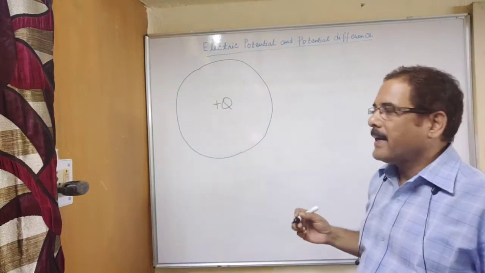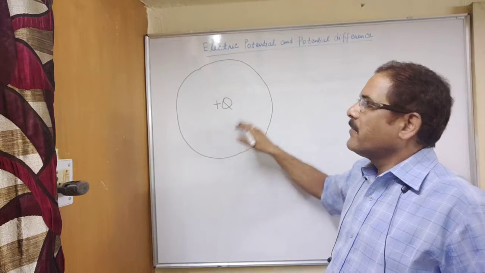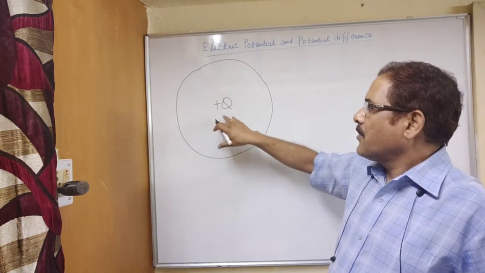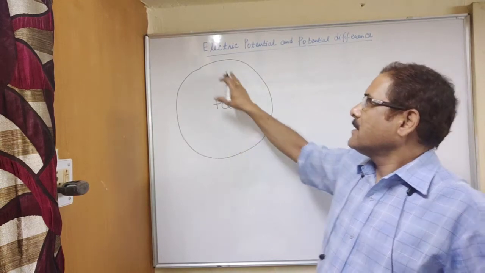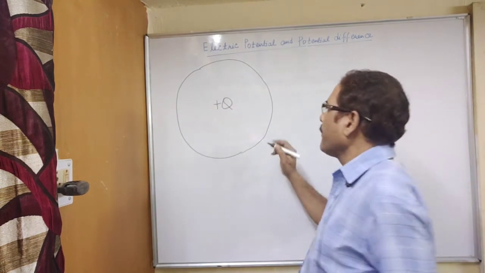If we take a magnet, then there will be a magnetic field around it. Similarly, suppose due to this positive plus Q charge, there is an electric field around it.